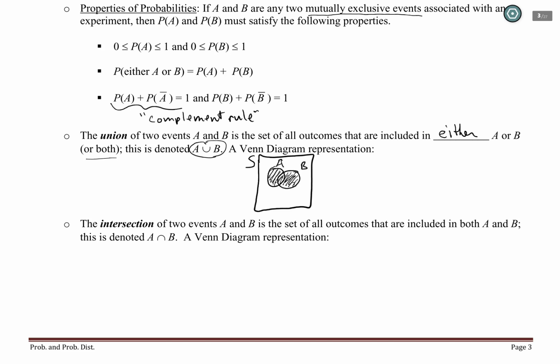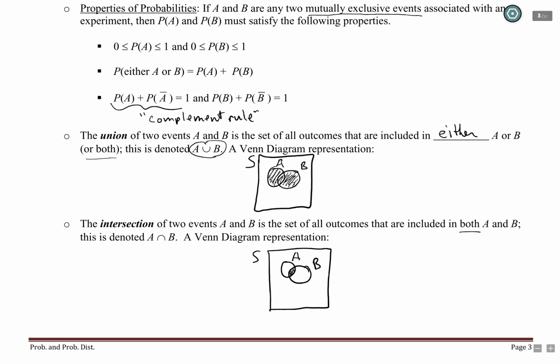The intersection of A and B is the set of outcomes that are included in both A and B. So if we looked at the Venn diagram for that, again we have our square, and A and B have a little overlap.